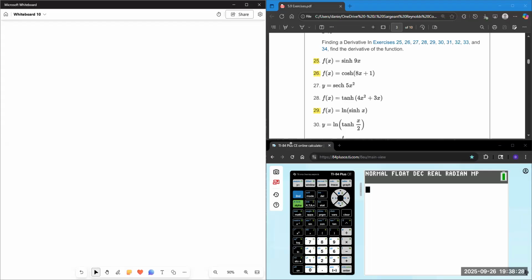Hyperbolic trig functions are defined this way. Sinh x is e to the x minus e to the negative x over 2, and cosh x is e to the x plus e to the negative x over 2.